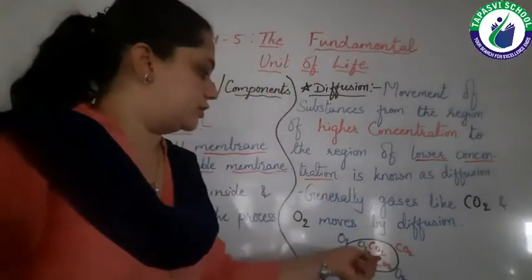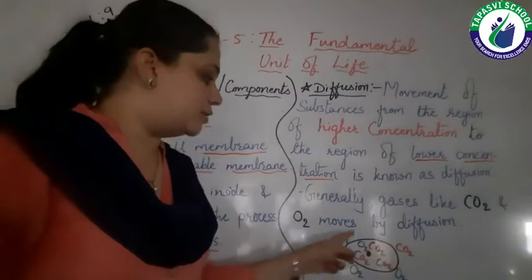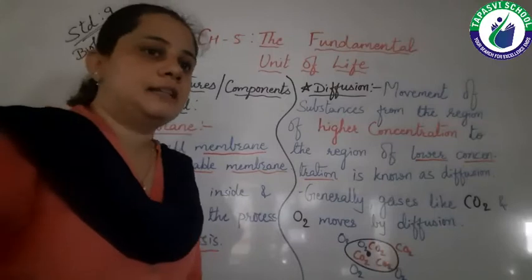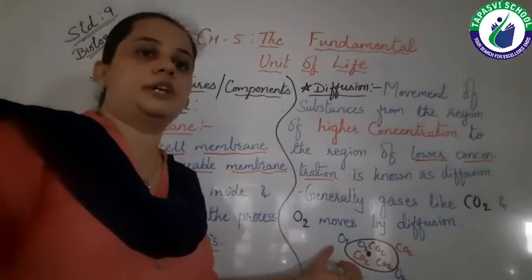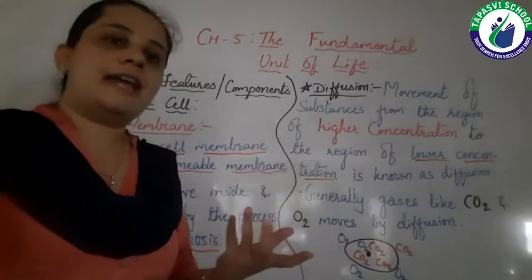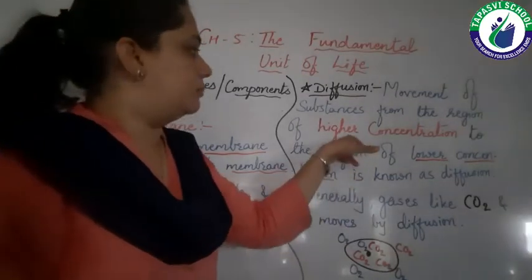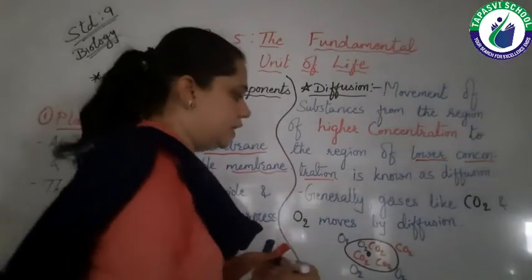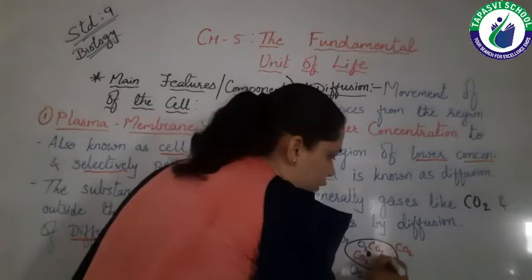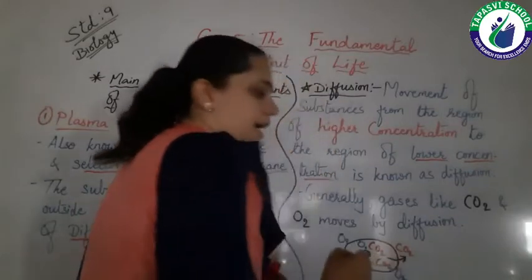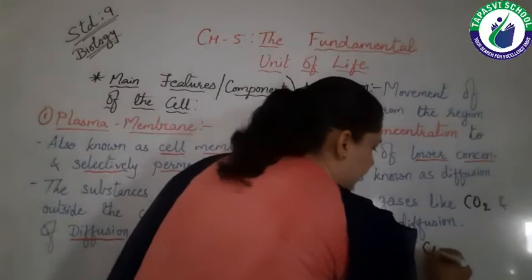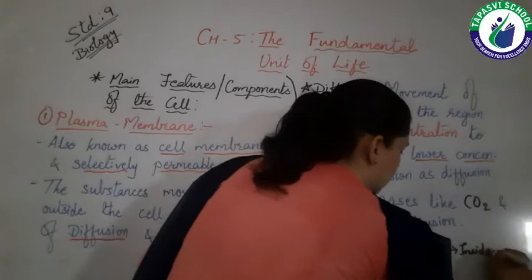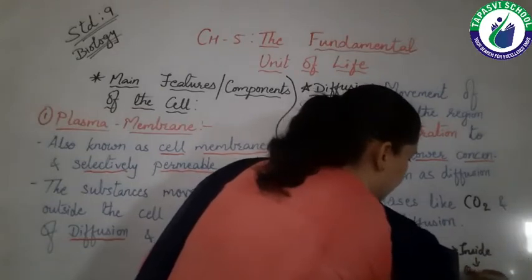So that carbon dioxide is present here, and outside the cell, in the surroundings, only one molecule of carbon dioxide is there. This is just an example to understand. So where will carbon dioxide move? From the region of higher concentration to the region of lower concentration. So carbon dioxide will move from the inside to the outside. Here we can write CO2, inside to outside.